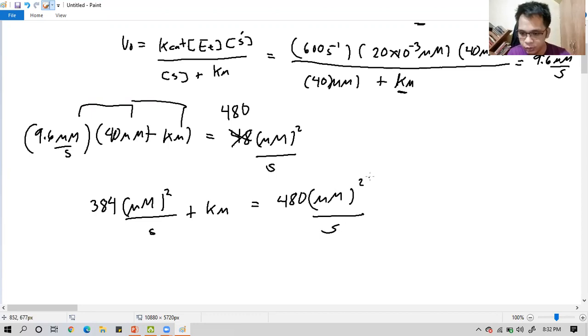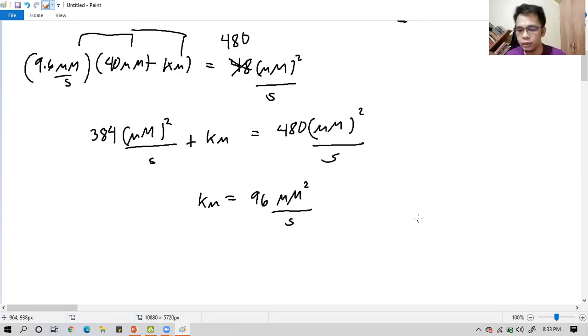Of course, transpose it to the other side, and it becomes negative. We will have the value for it: 480 minus 384. Remember, I did a direct computation here. So that would be 96 micromolar squared all over second. So that will be the value for the Michaelis-Menten equation.